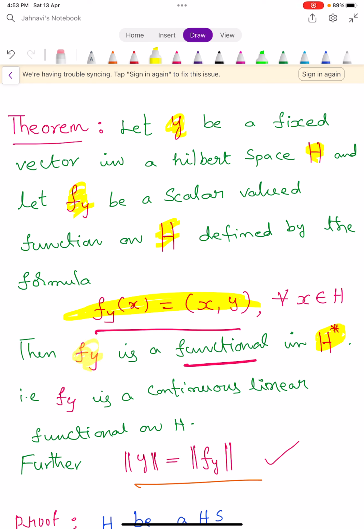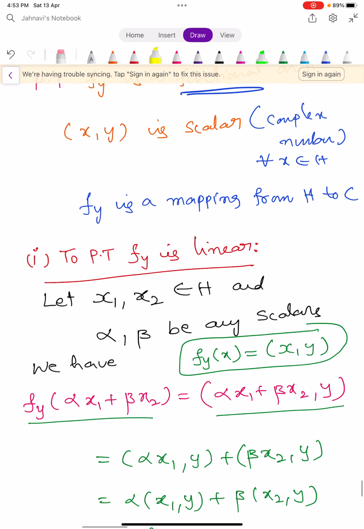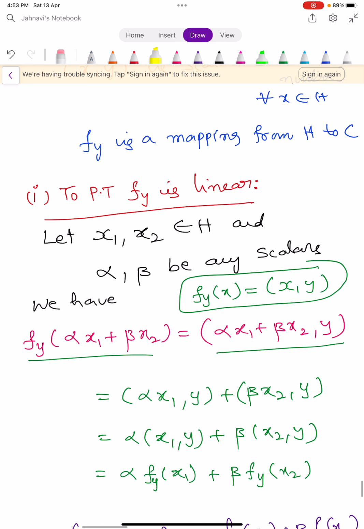Then this f_y is a functional, and also ||y|| is equal to ||f_y||. If you know the basics, then the proof of this theorem is very simple and easy.